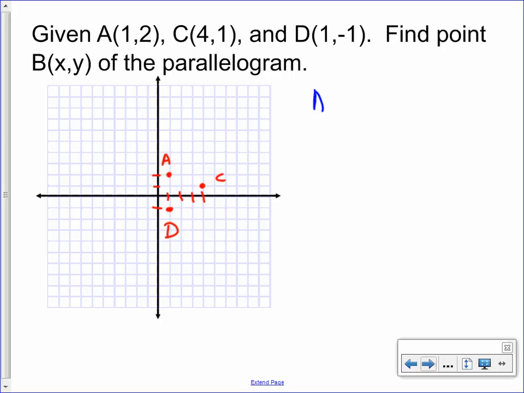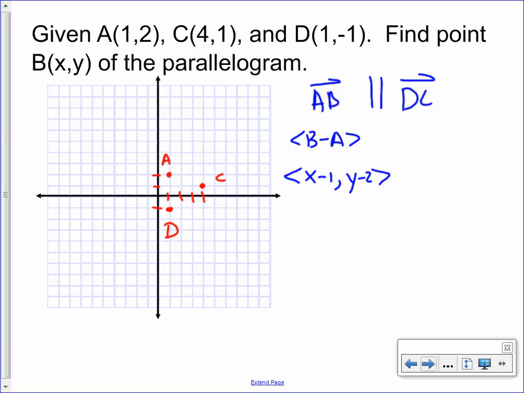So we know that AB has to be parallel to DC. Vector AB is B minus A. True? So we can say B is X, so X minus 1, comma, Y minus 2.